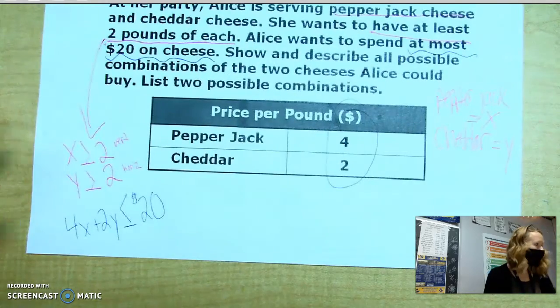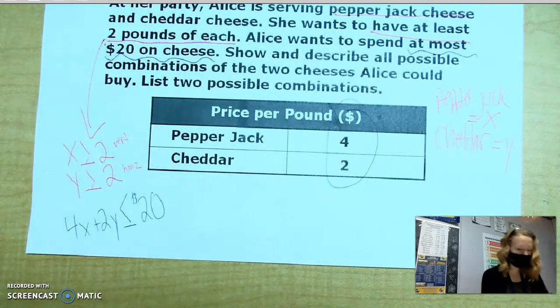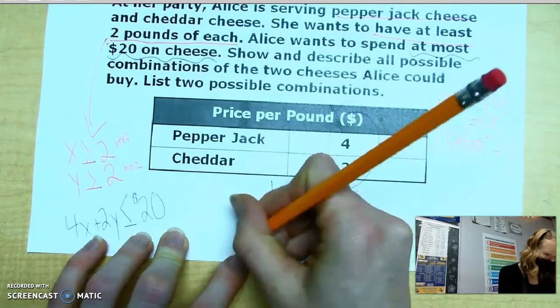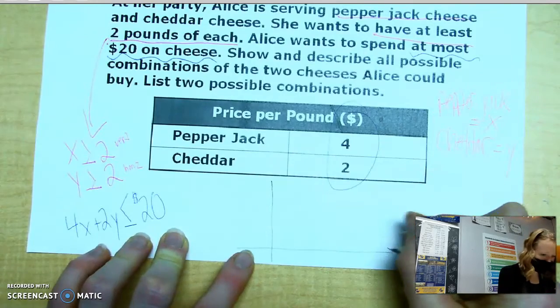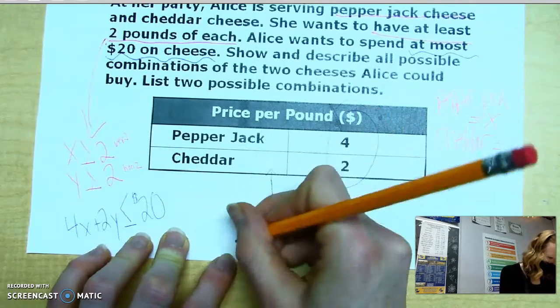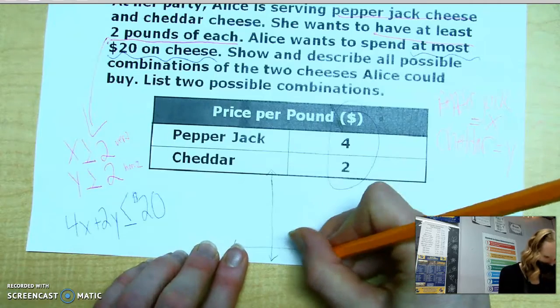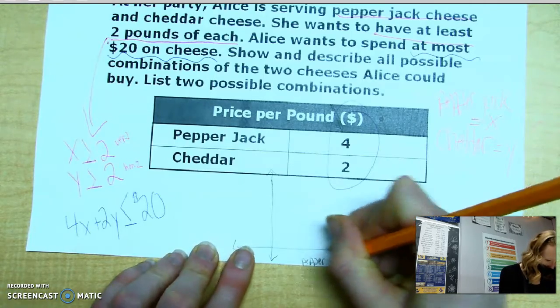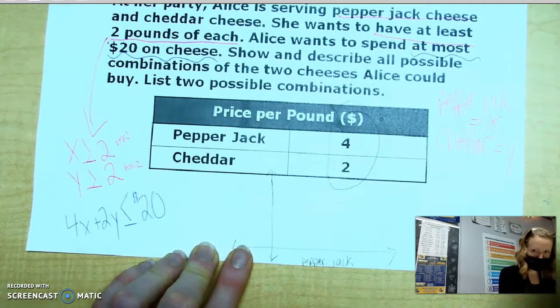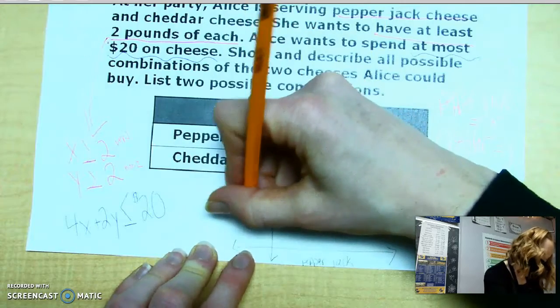So if I were to try to graph my system of inequalities here, this one's kind of a tricky one, right? If I have my X and my Y axis, remember X is my pepper jack and Y is going to be my cheddar.